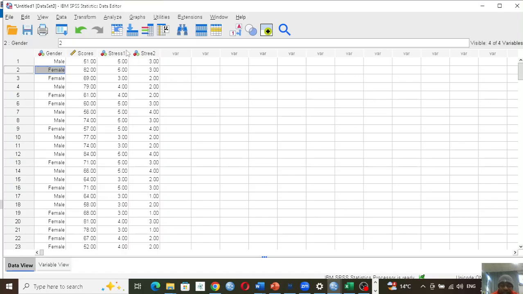But in our case, students are going through stress, and these are their stress levels. The stress level ranges from 1, which is lower, 2 low, and then 3 neutral, 4 high, and then 5 higher. So these are the stress levels, and these are the stress levels first.